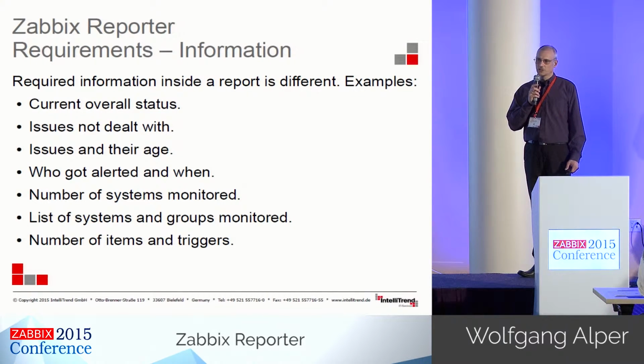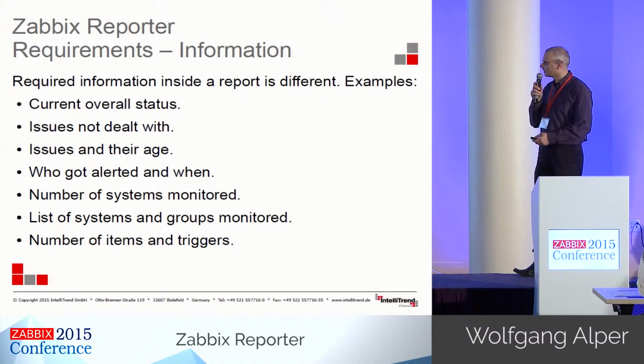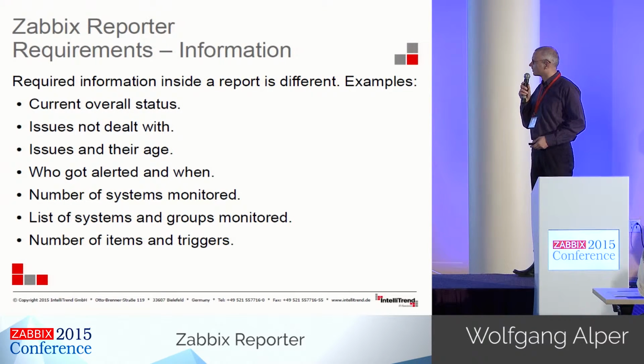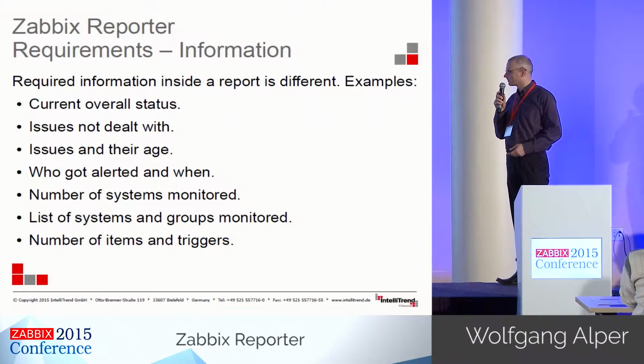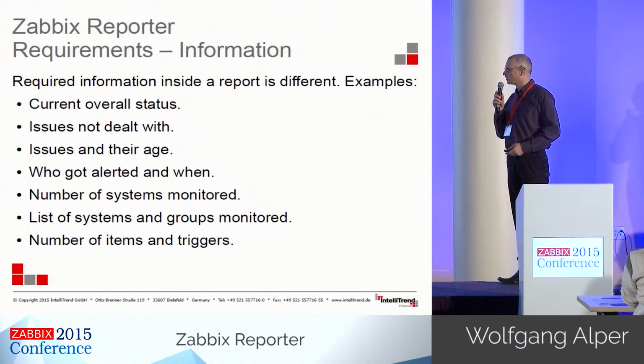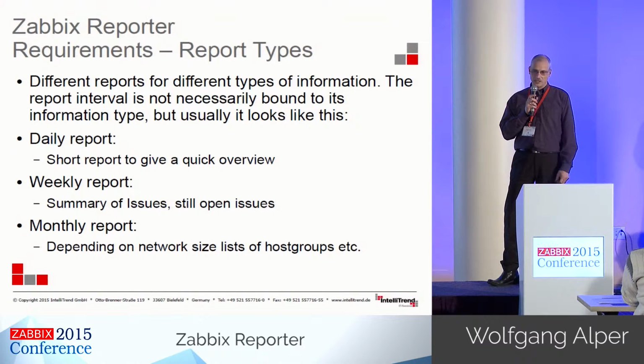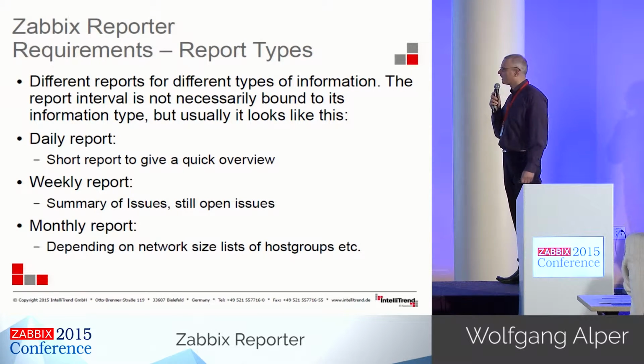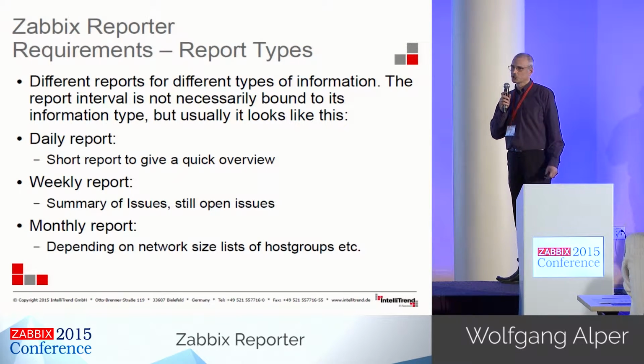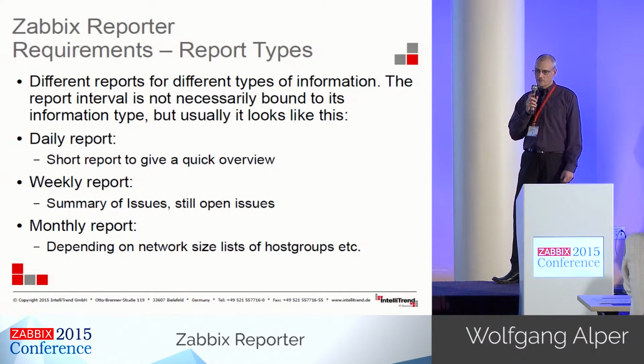You have to create those metrics. And those are some examples of those metrics and how they could look. The other thing that we figured out was we need different reports for different information. Usually you will have maybe a daily report, which is short, but the short report must not necessarily be the one that is sent out daily.